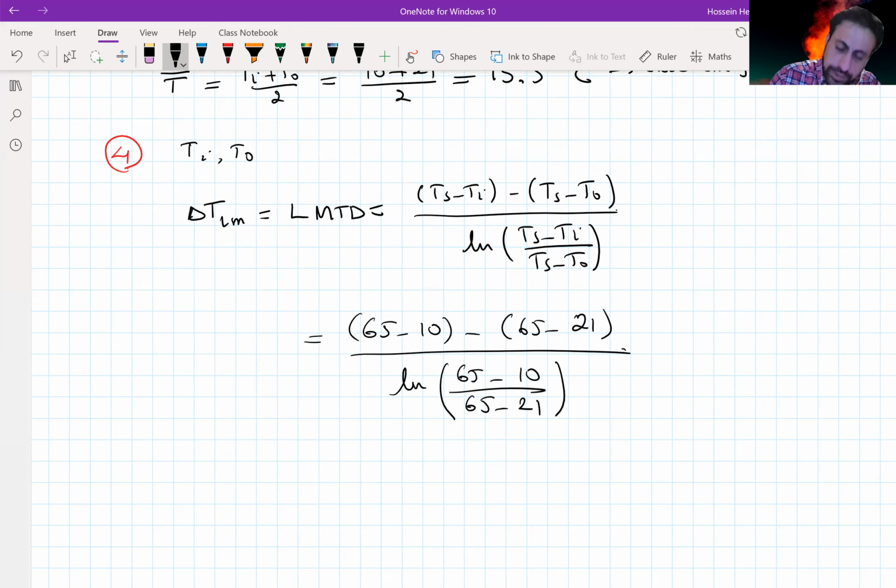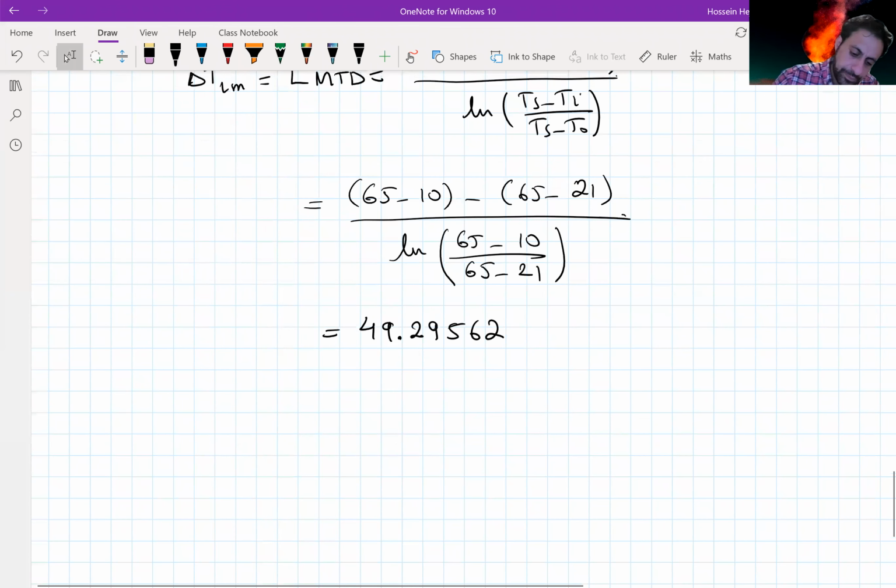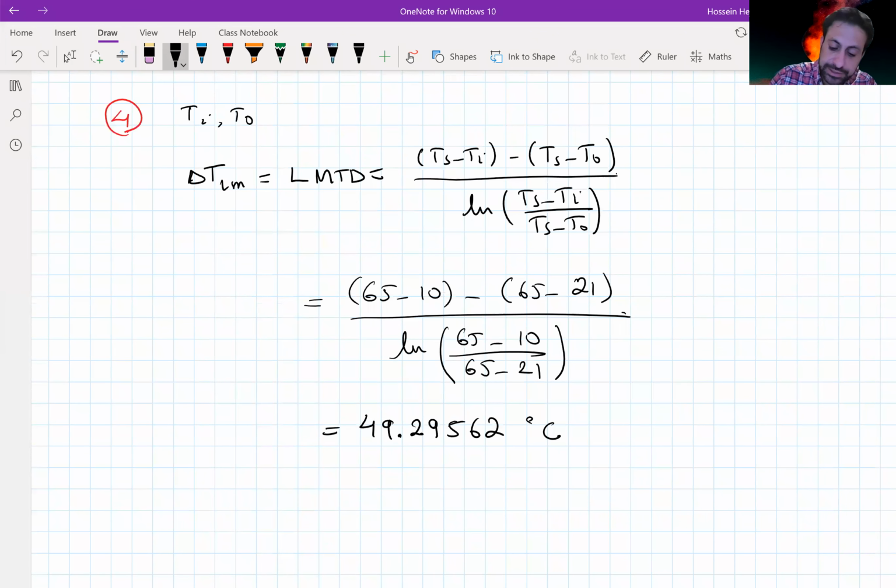If you do the math here, we will get 49.29562 degrees C. That's the delta T that we are going to use for evaluation of the heat transfer rate.